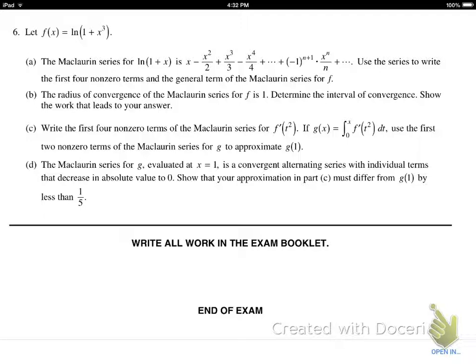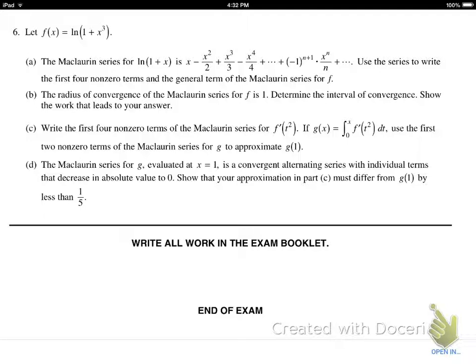So, if we know the radius of convergence, let's go ahead and approach answering this. What we need to do now is think about what the center is for the series, and then once we know the center and the radius, we can figure out the majority of the points in the interval of convergence, and then we have just a little more work to do after that. So let's think this through.